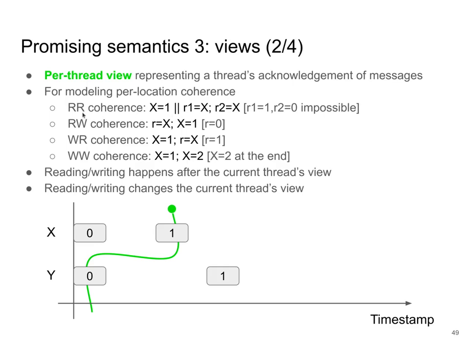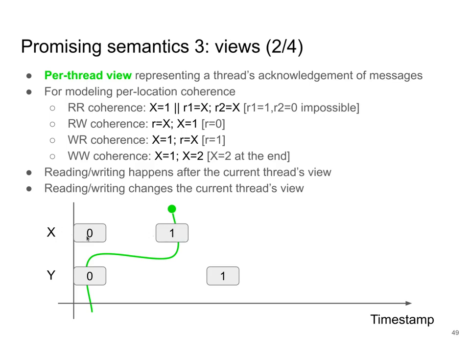So in an RR coherence, 2 consecutive reads, this read and this read, should be ordered. Let me tell you a little bit more detail about this. Let's say that in a different thread, X equals 1 is executed. As a result, there are 2 messages: the initial message that contains the value 0 and the message that contains value 1, because it is just written by this thread.